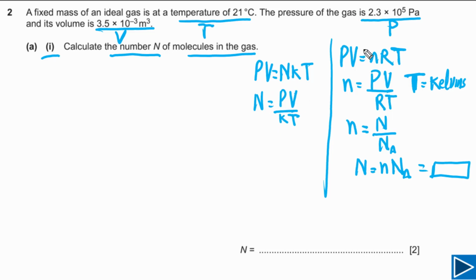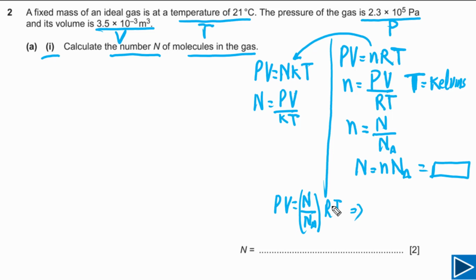Now let me explain how you can convert this into this form. From here, you need to understand n. For example, n you can replace with capital N divided by NA. So I'll be writing here PV, and n you can replace with the number of molecules divided by Avogadro's number, times RT.